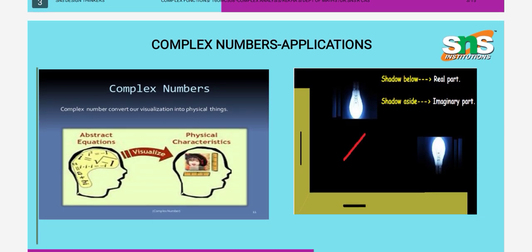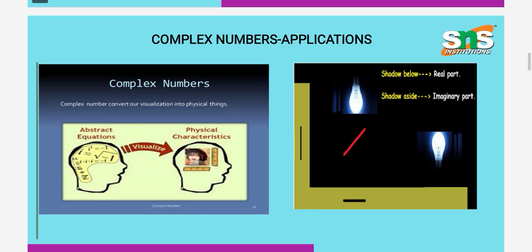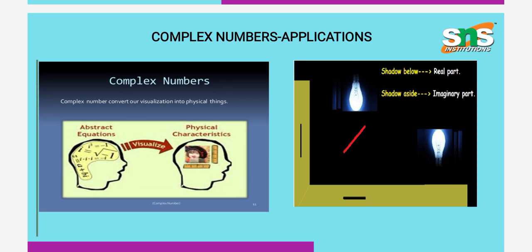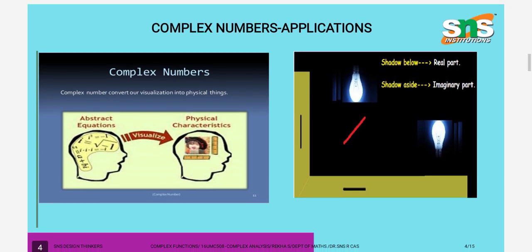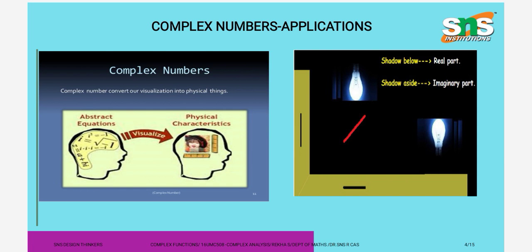If you go with a real-time example of the complex number, the complex number is what we think of in an abstract form converted into a physical character. For example, if you see a light, the shadow is the real part, while the side of the shadow we can say is the imaginary part. This is a live example of the complex number, and there are a lot of applications.